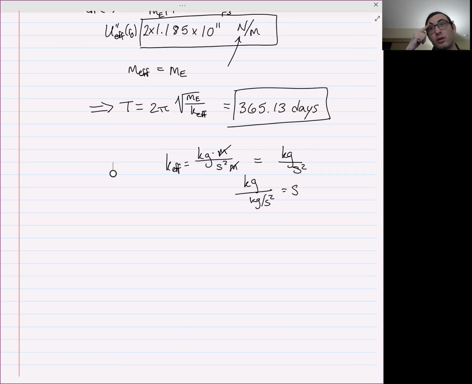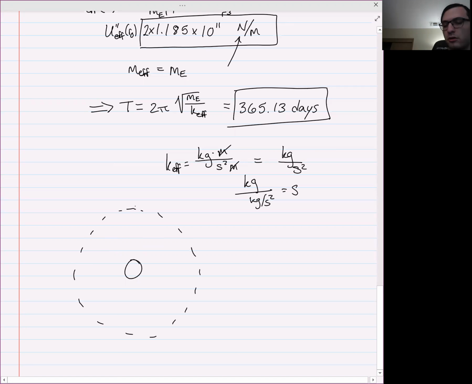This is for part B. That would be the energy of that orbit, the orbital energy. Okay, I can rederive this. So the gravitational force: let's say you have the thing you're orbiting, and then you have the thing that's doing the orbiting, moving at some speed v.